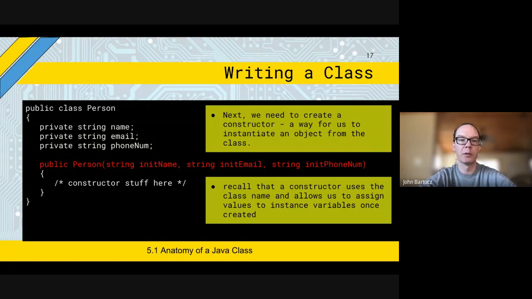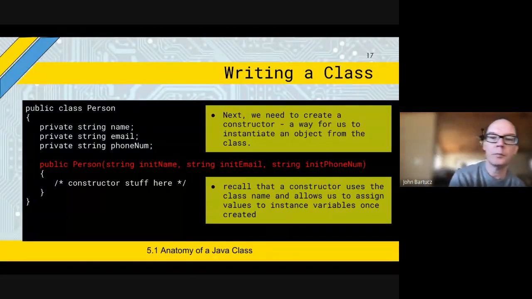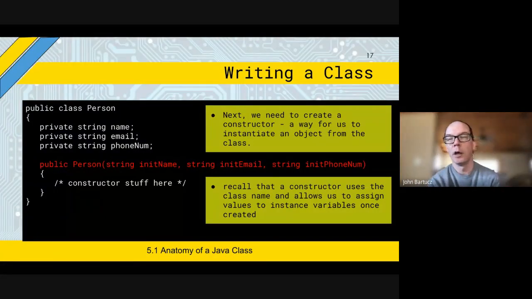If you want them to be able to create your object, the constructor, which makes an object, has to be public. It has to be able to be seen by other classes. So the constructor always uses the same name as the class. That's what makes it a constructor.